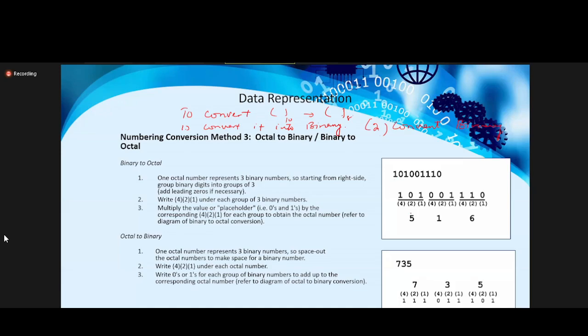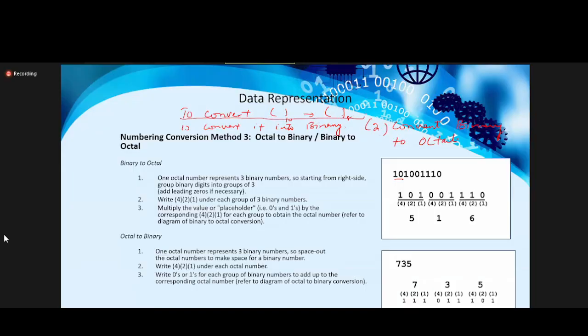Once you get to the binary, you can just reorganize the bits and write down the equivalent for each 3-bit binary group, right? And then convert binary to octal. So this is one method to convert base 10 to base 8.